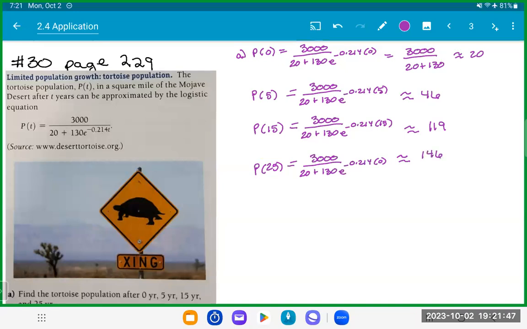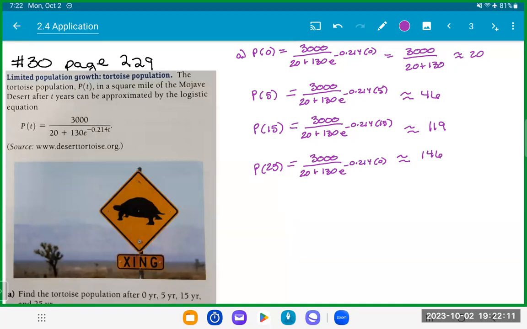And we could keep going on and on, and we can see how the population continues to grow. But we will probably end up seeing that we're going to reach a peak, right?